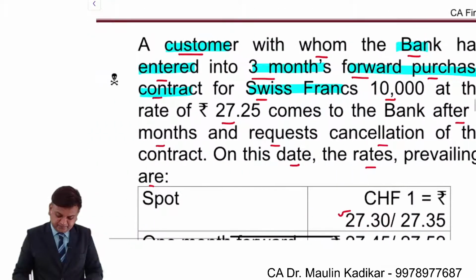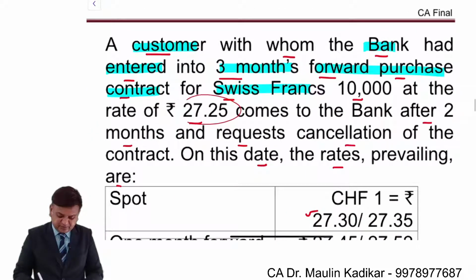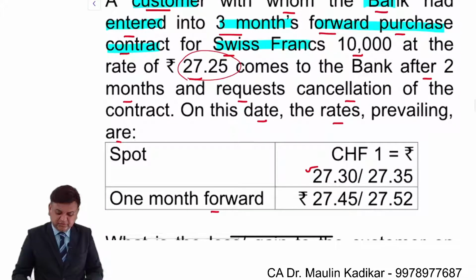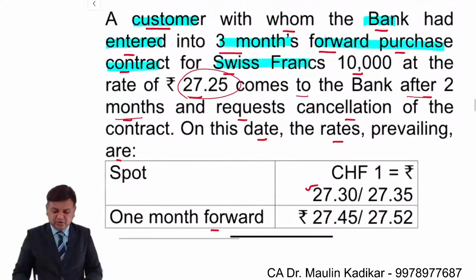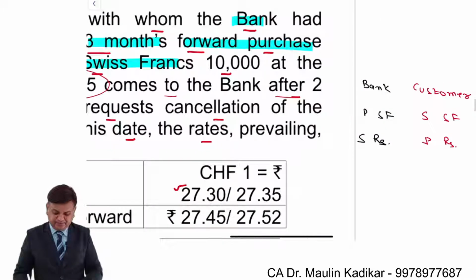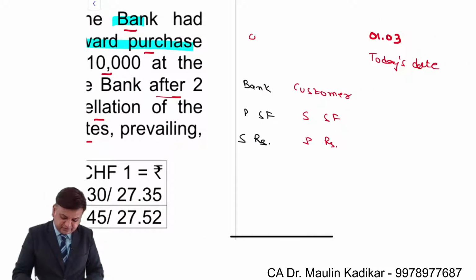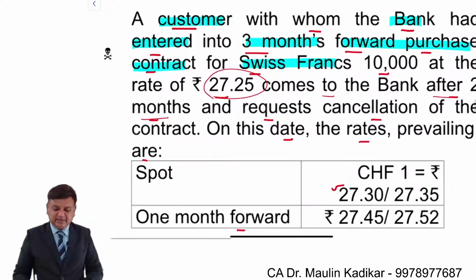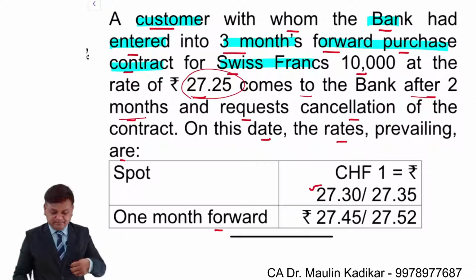At the rate of 27.25 the customer comes to the bank after 2 months. So this forward contract was entered into 2 months before. So can we say on 1st of January? Yes. I am reading the question again from the beginning.